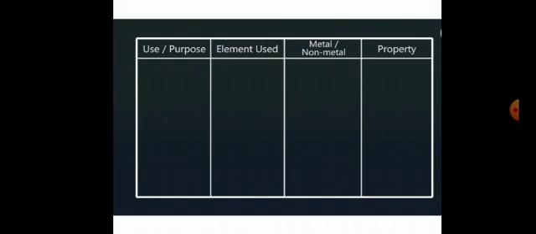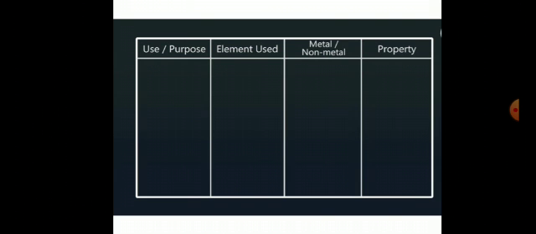You can do one activity. Find out the elements which you see in your everyday life. Categorize them as a metal or non-metal. Which property they are carrying, means which property they exhibit, and where they are used.